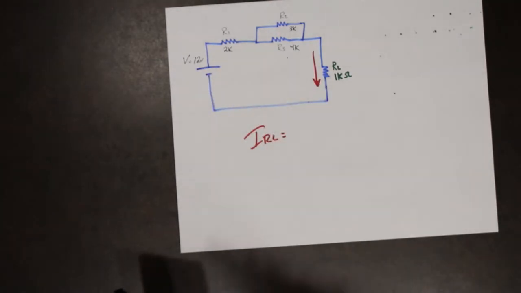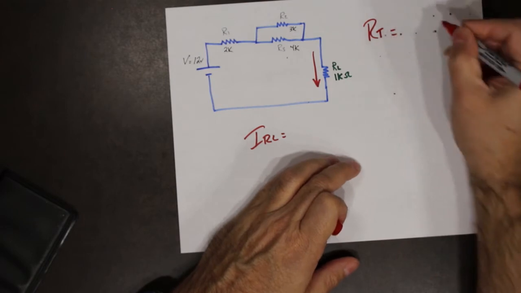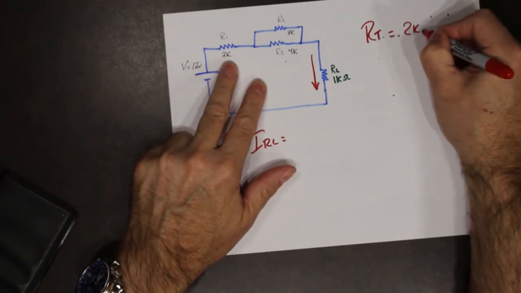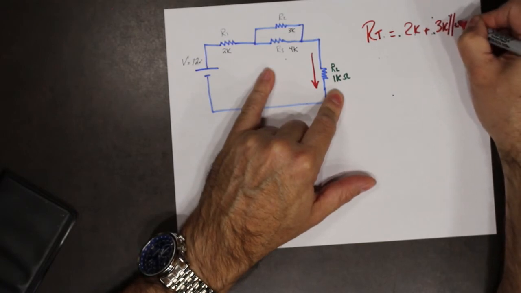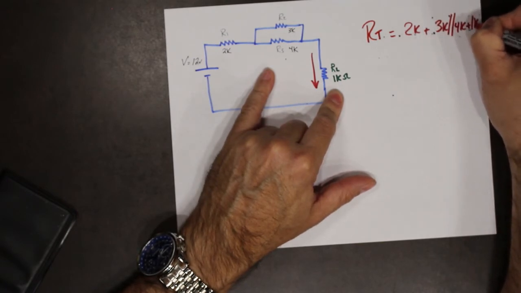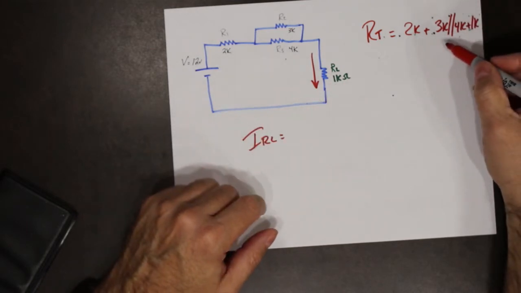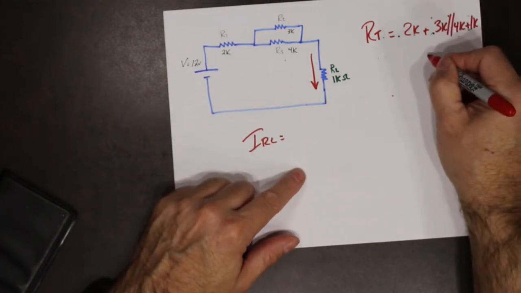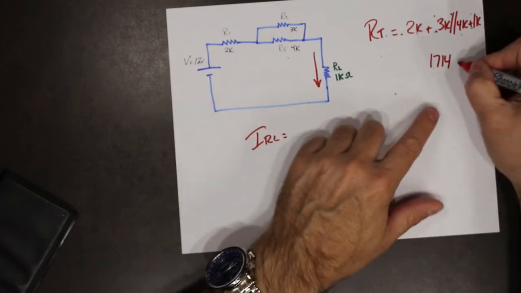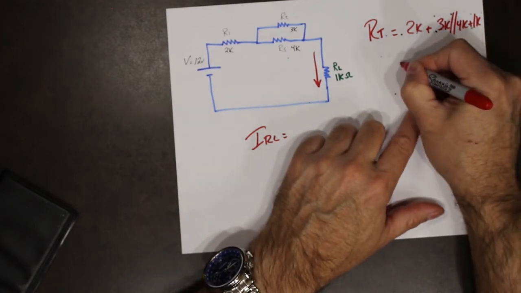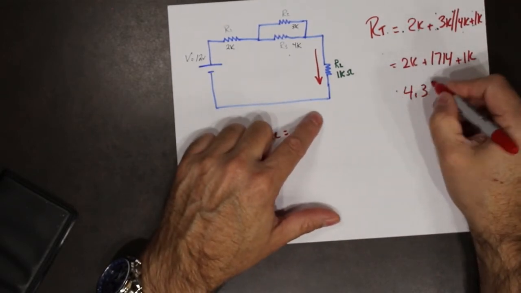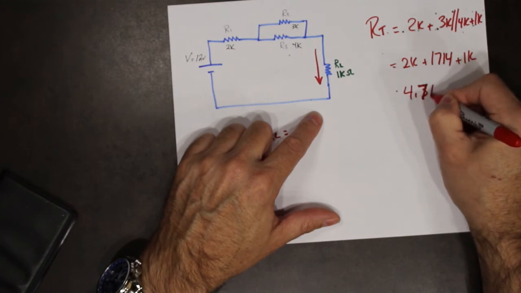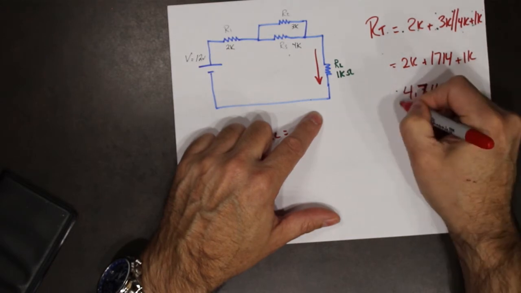So in this circuit, the way it sits, we're going to find R total. So R total is 2K plus 3K in parallel with 4K plus 1K. So we know that 3K in parallel with 4K is 1714 plus 1K plus 2K. So that becomes 4.714 kilo ohms.